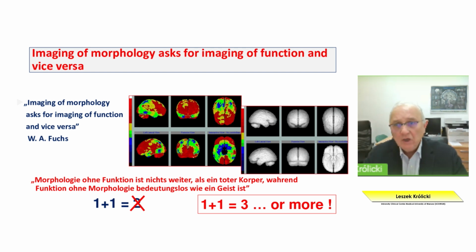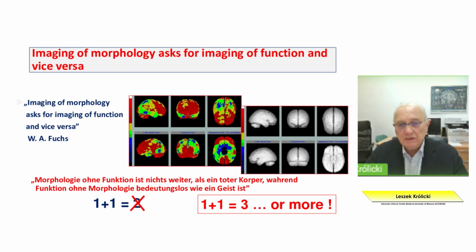But joining morphological image with the activity image is of key importance. So this is important for nuclear medicine. Imaging of morphology asks for imaging of function and vice versa.